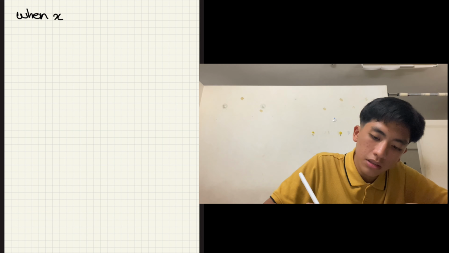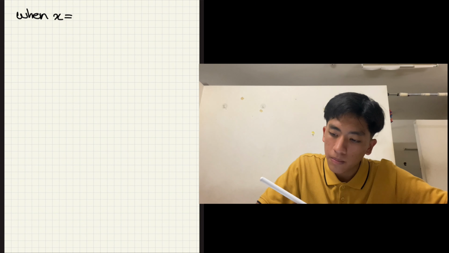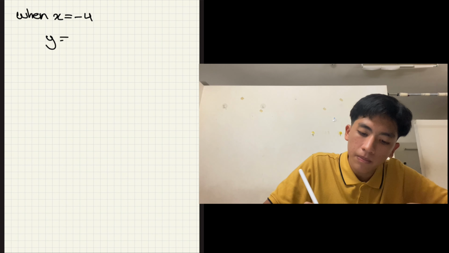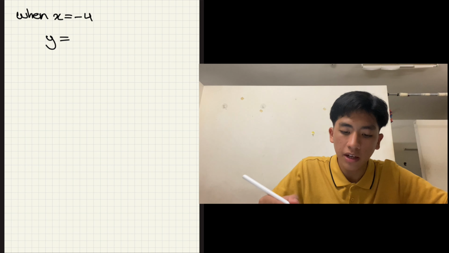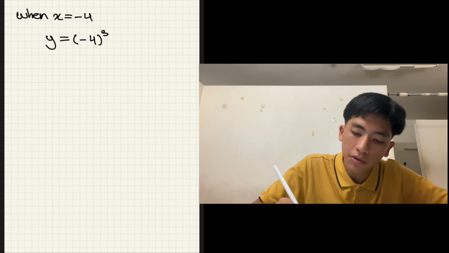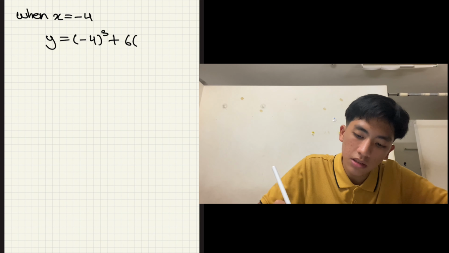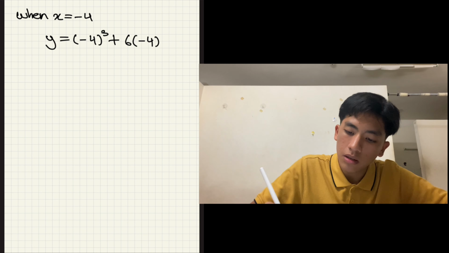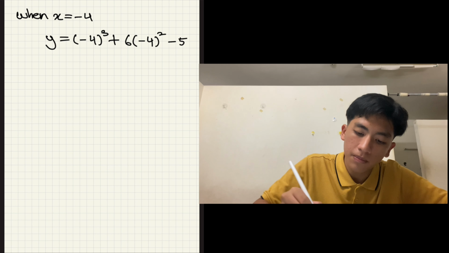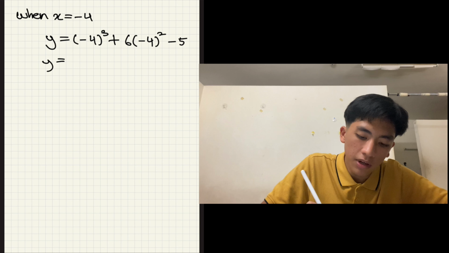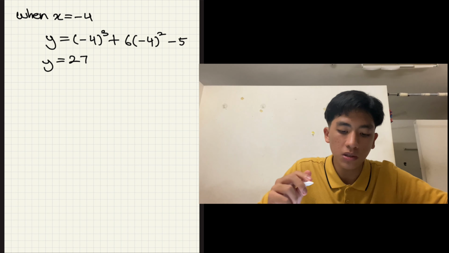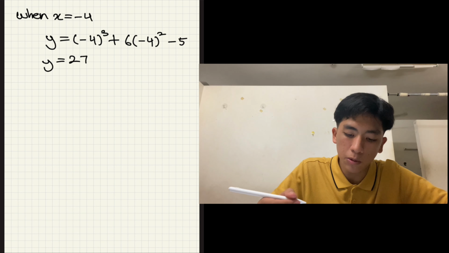When x is equal to negative 4, we will replace the values of x and we will get negative 4 to the power of 3 plus 6 times negative 4 to the power of 2 minus 5, and we will get that the value of y is 27. So now that we have all the values, we can create the coordinates.